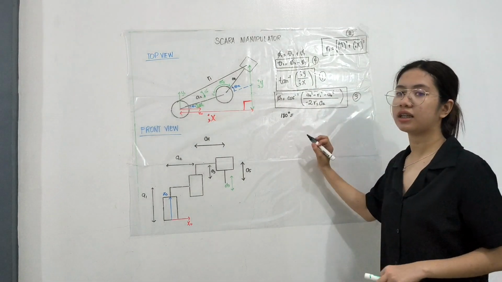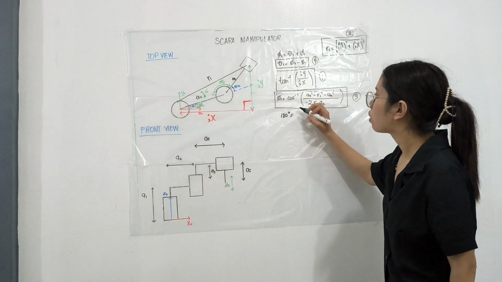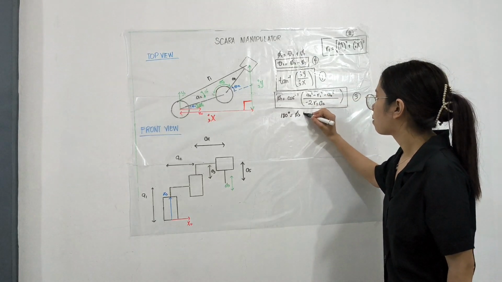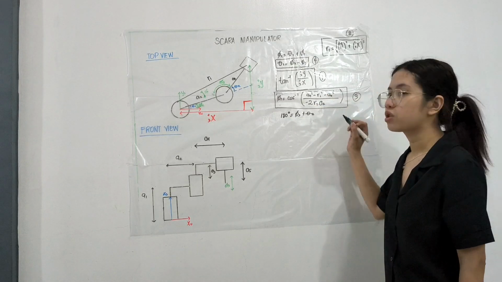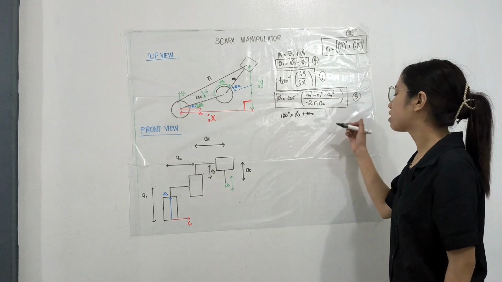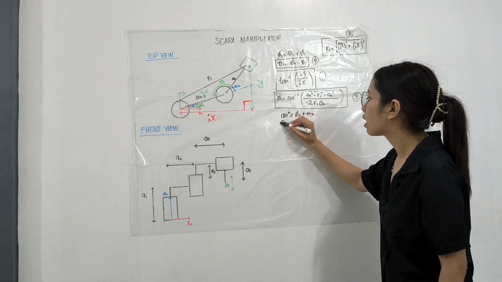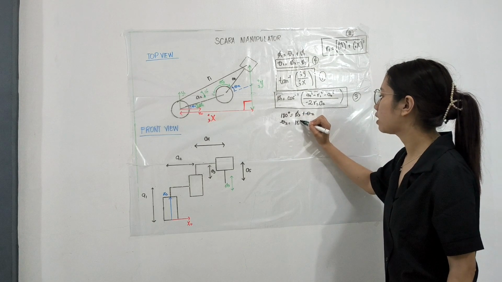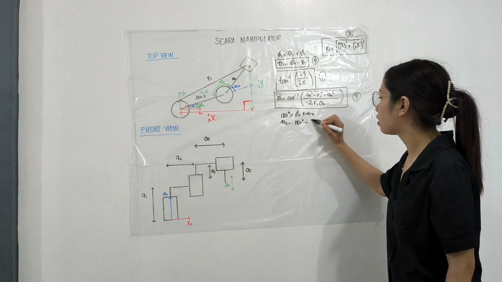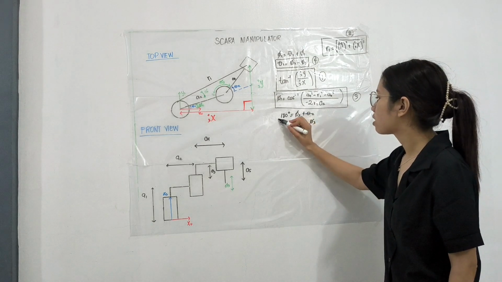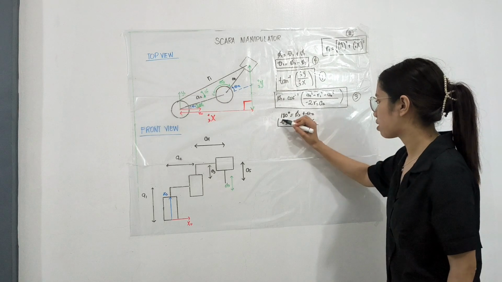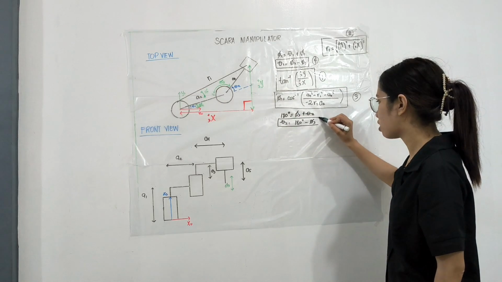So 180 degrees is equal to phi 3 plus theta 2. If we arrange it to get theta 2, we have theta 2 is equal to 180 degrees minus phi 3. We will box this because this is an equation.